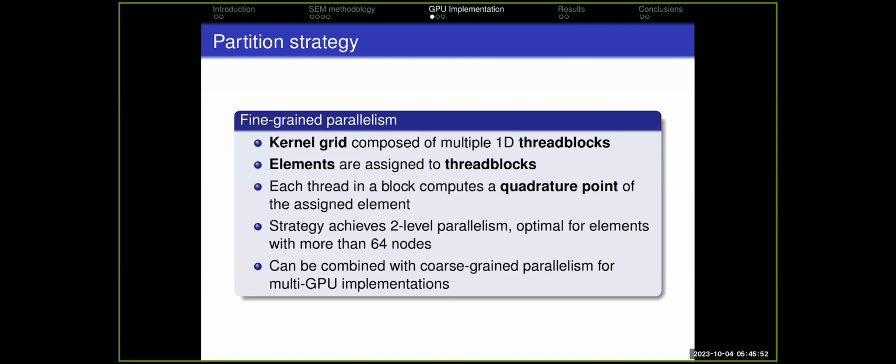This introduces to us a 2-level parallelism, which we've noticed is actually quite a bit better than trying to group elements into a thread block and requiring that each thread in a thread block handles one element. For orders greater than 2, this is actually a lot more efficient.